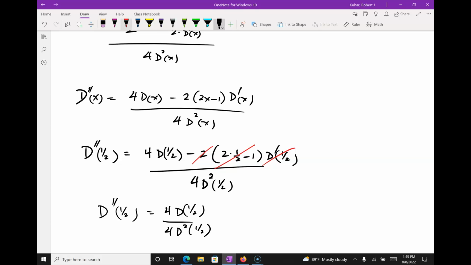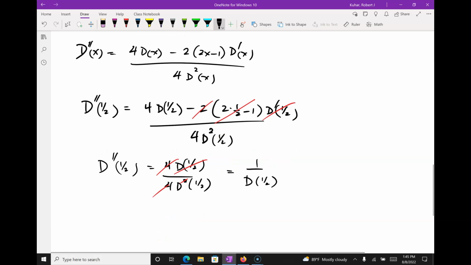Well, 4's cancel, and one of the distances cancel. So I get 1 over d of 1/2. But I know the distance of 1/2, right? I already found it. It's square root of 3 over 2. So I get 2 over square root of 3, definitely positive, so who cares about rationalizing it? But I will.